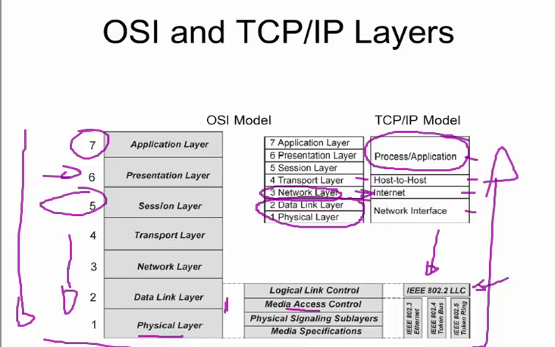If you're looking at standards, 802.3 is Ethernet, 802.4 is token bus, which is another networking variant, and 802.5 is token ring. So there are different variants in the data link and physical layers of handing the data around the system.